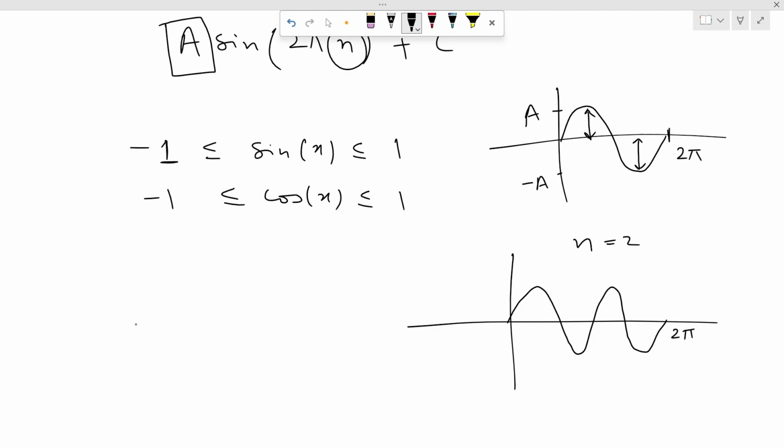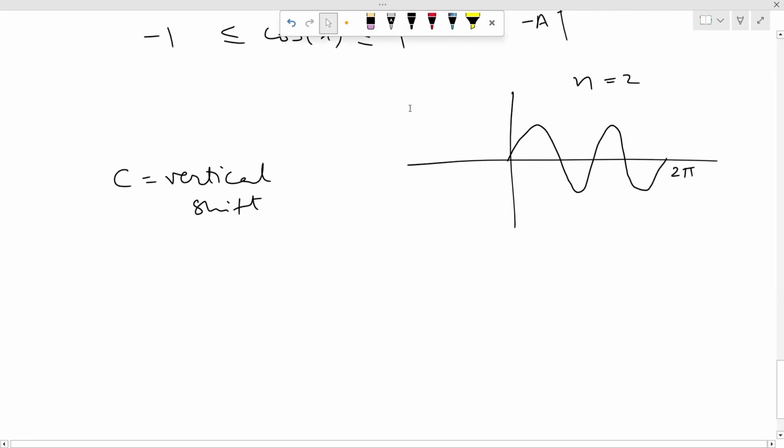While the c is the vertical shift, what does vertical shift do? The vertical shift will transfer the entire function to a new value.